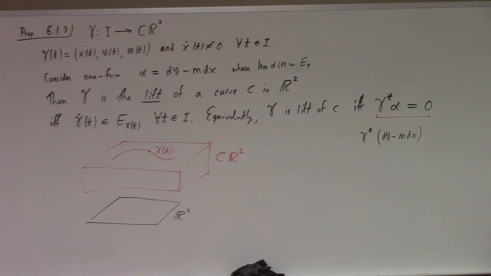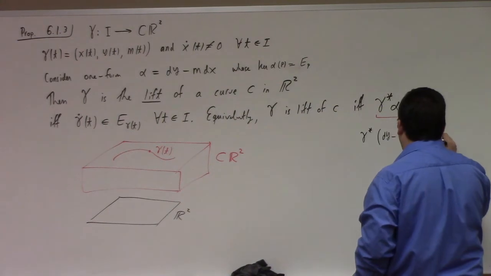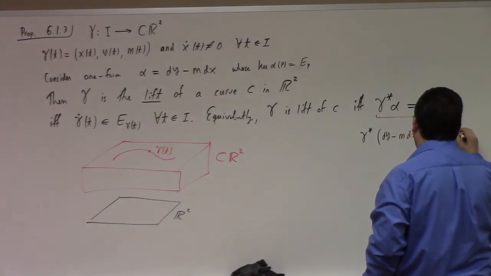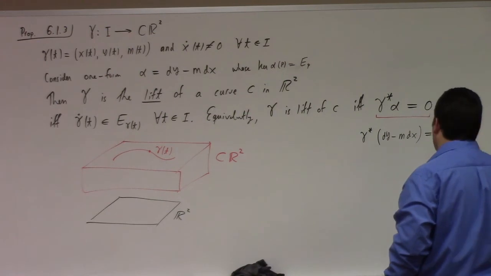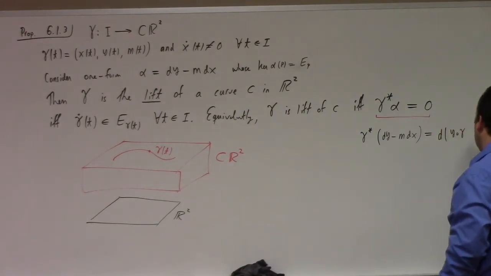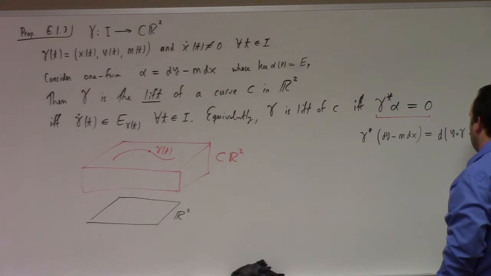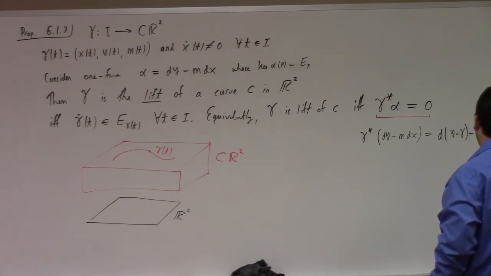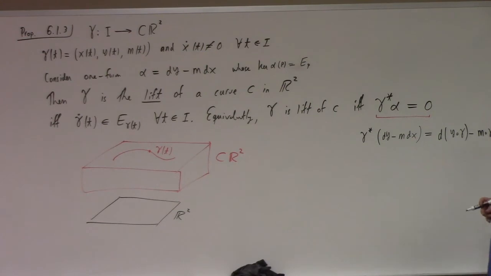What I usually do is I say, okay, well, what that means is the differential of the y function composed with gamma, right? Minus the m function composed with gamma times the differential of the x function composed with gamma. That's how I actually calculate the pullback. I translate the given form back in terms of the substitution of the map, right? So here the map is gamma. So y composed with gamma is just what we've called y, right?